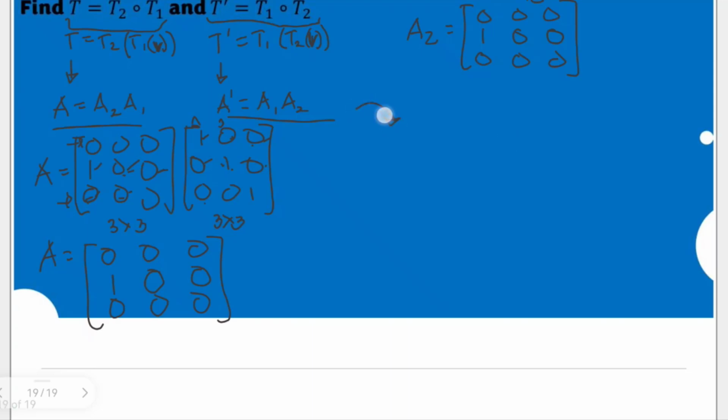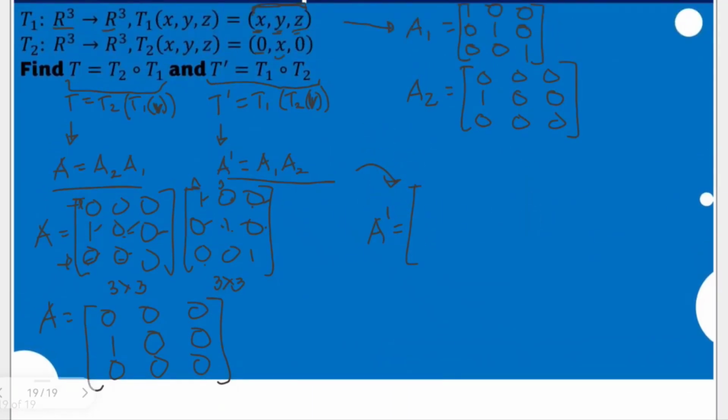Duplicating the same process for the second, you will have A prime, the product of A sub 1, which is 1, 0, 0, 0, 1, 0, 0, 0, 1, with the A sub 2 here. Let's find out the result when you multiply them. Again, they are both 3 by 3 matrices. Let's start. 1 times 0 is 0, 0, 0. This row times all zeros is 0, and 0 times all zeros is 0 as well. 0 times 0 is 0, 1 times 1 is 1, and 0 and 0 is 0, so that's 1 as well here.